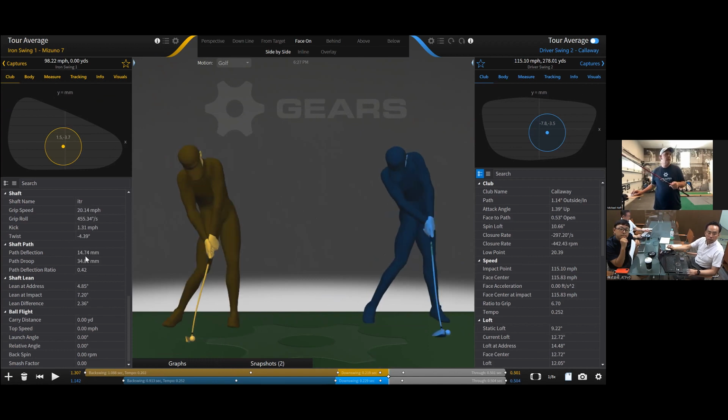So you can see here it's about a 2-to-1 relationship, 14.75 or roughly 15 millimeters of shaft deflection with an iron. And I would say anything over 20 millimeters of shaft deflection, you're really pushing it with an iron.